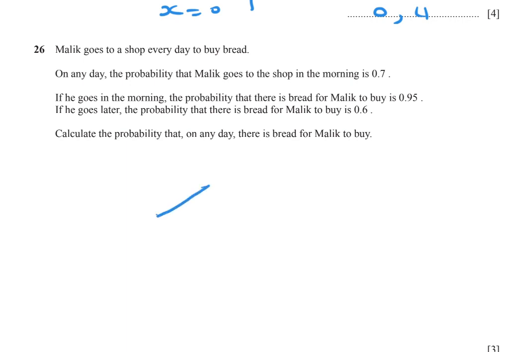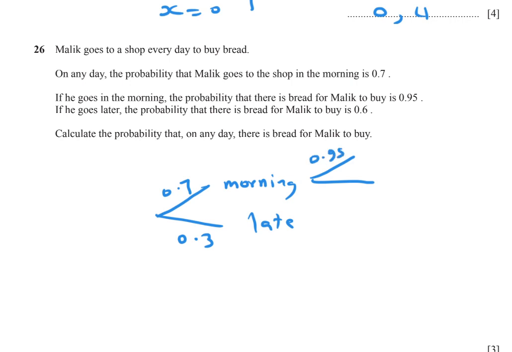You can draw a tree diagram. So morning or late, probability to go in the morning 0.7, late, so 0.3. If he goes in the morning, the probability that there is bread for him is 0.95.